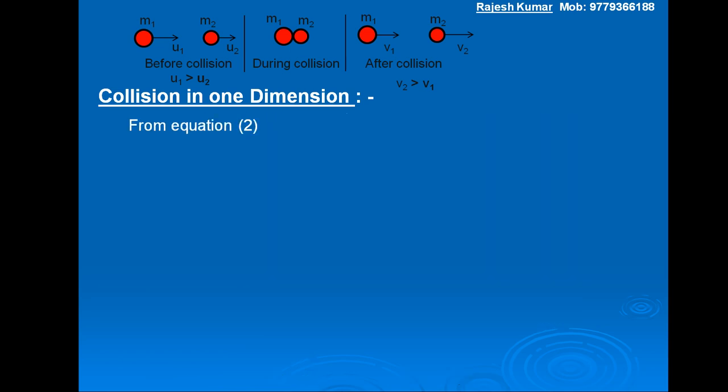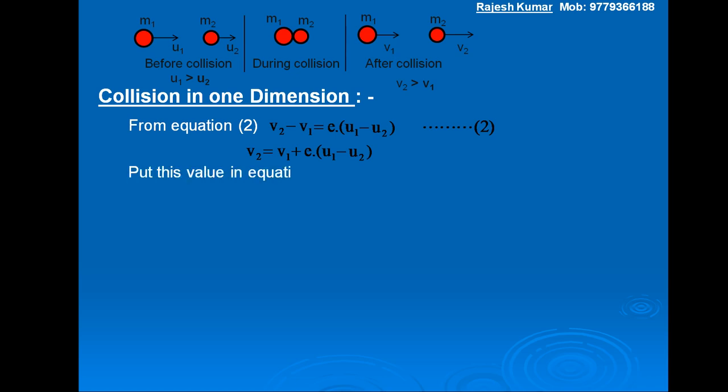From equation number 2, v2 minus v1 is equal to E into (u1 minus u2). From this equation, we get v2 is equal to v1 plus E into (u1 minus u2).